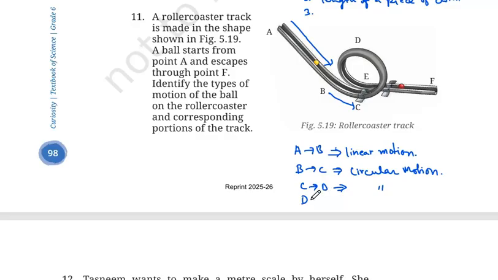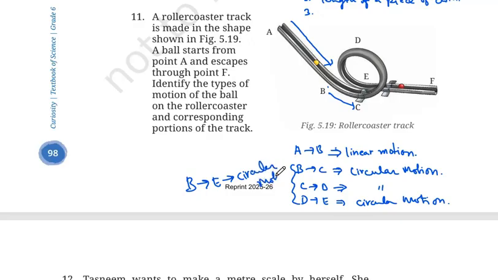But I would like to say it as a circular motion. So basically, the path from B onwards, from B to E, is completely circular motion. So you can write them down as B to E circular motion.